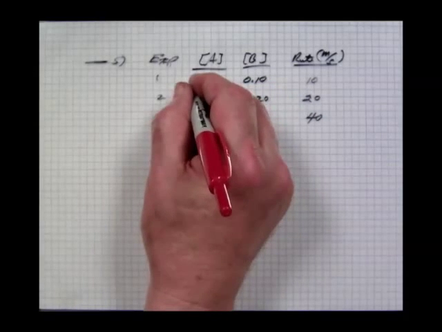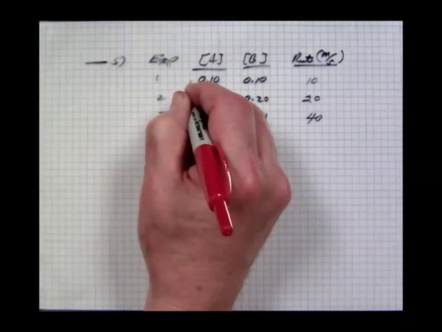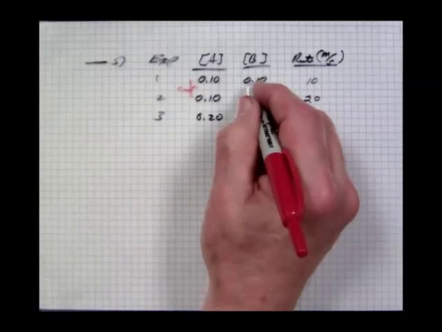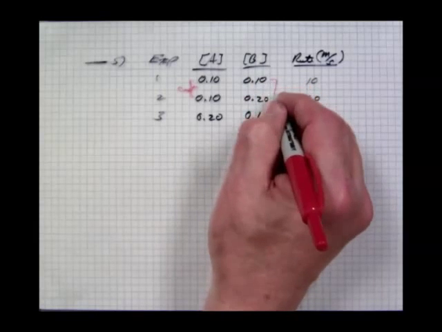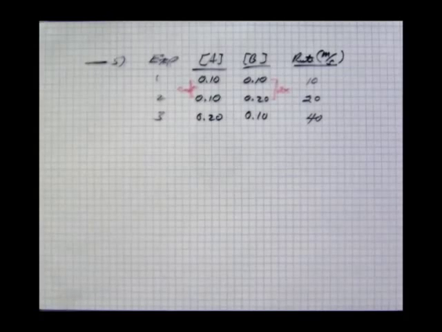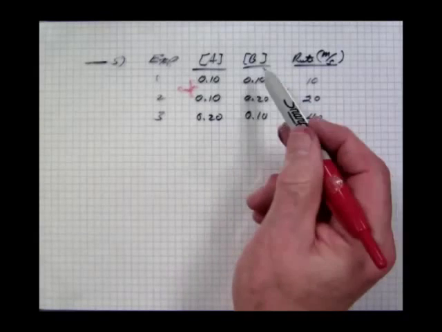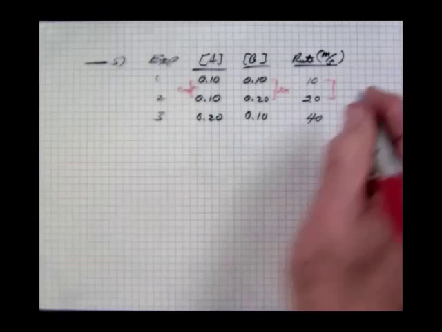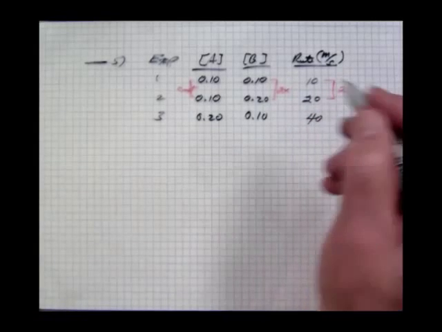So here we're looking at holding this one as a constant, and we varied this one by doubling the concentration of B. The rate change was also 2 times.